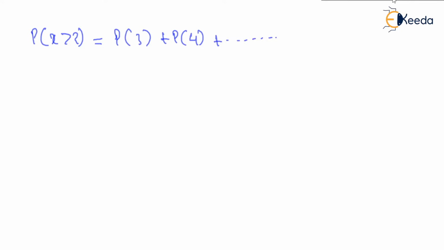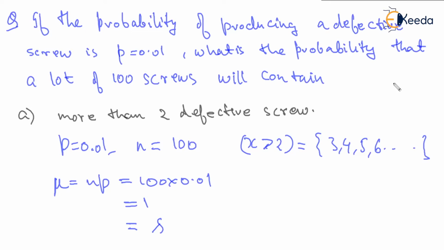What are the possible values of x? x belongs to 0, 1, 2, 3 and so on, of which x greater than 2 means 3, 4, 5, 6 and so on. So what are we excluding? We are excluding 0, 1 and 2.